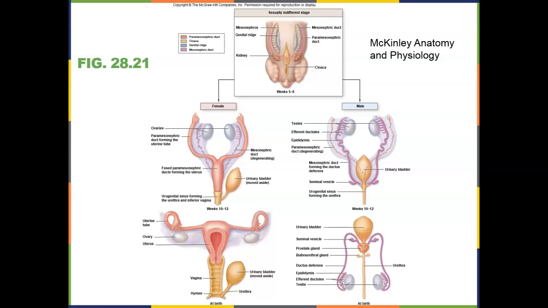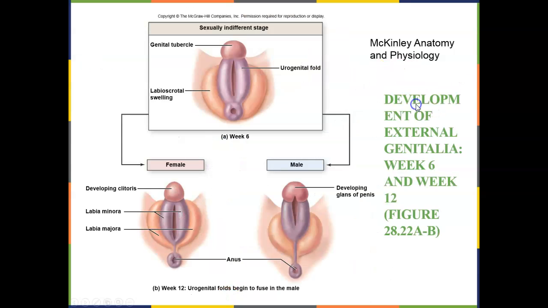If that testosterone doesn't get produced, then the paramesonephric ducts will form. This is the picture, just from the McKinley Anatomy and Physiology. You can see the homologous structures forming and how they look as well.